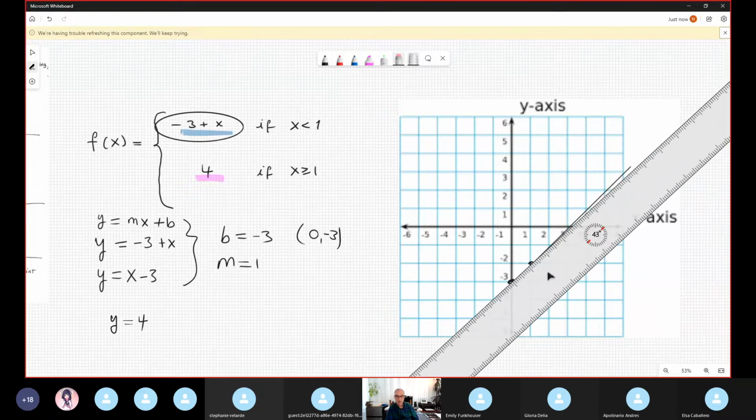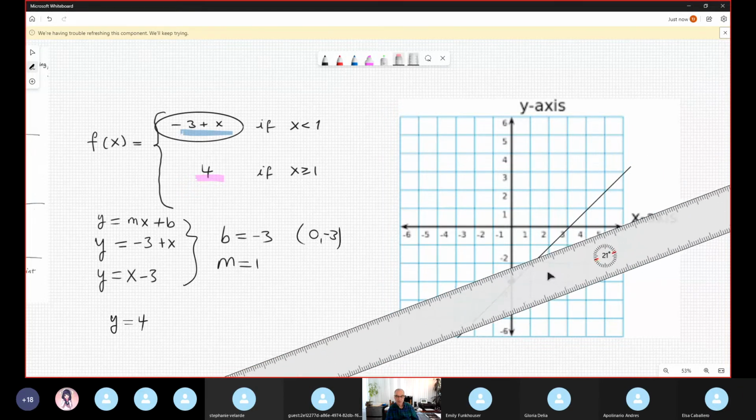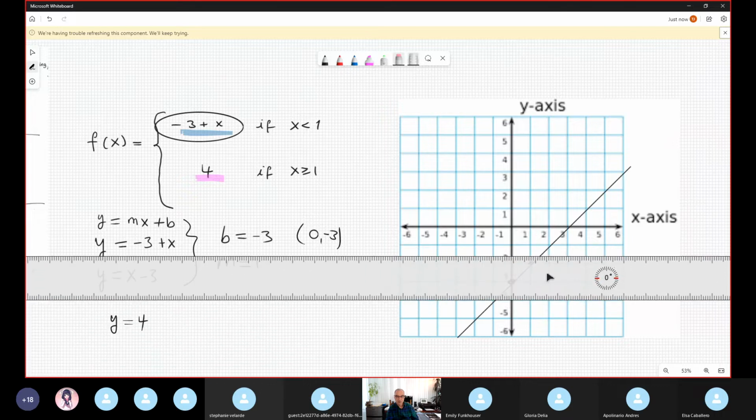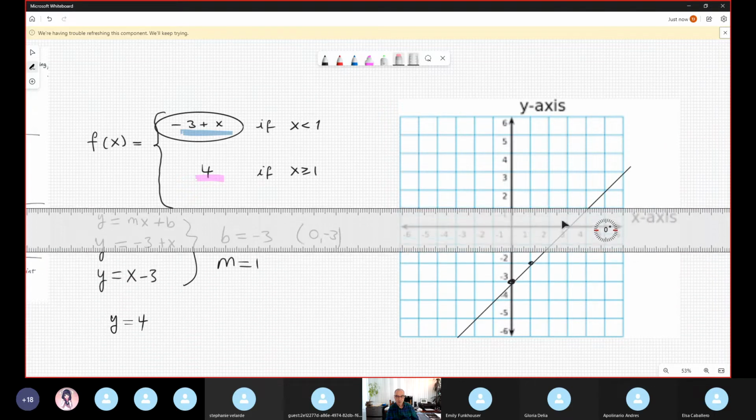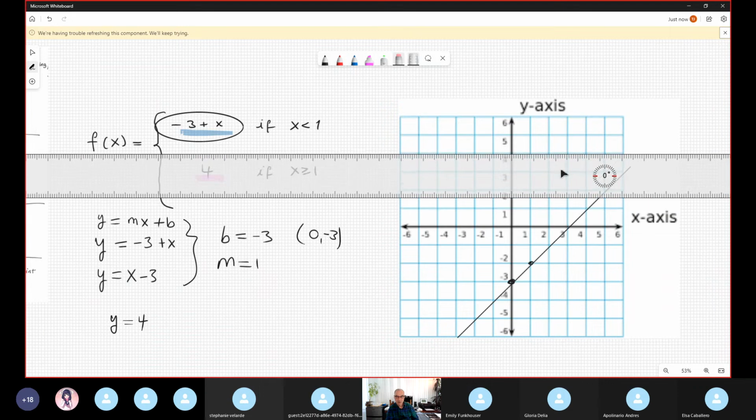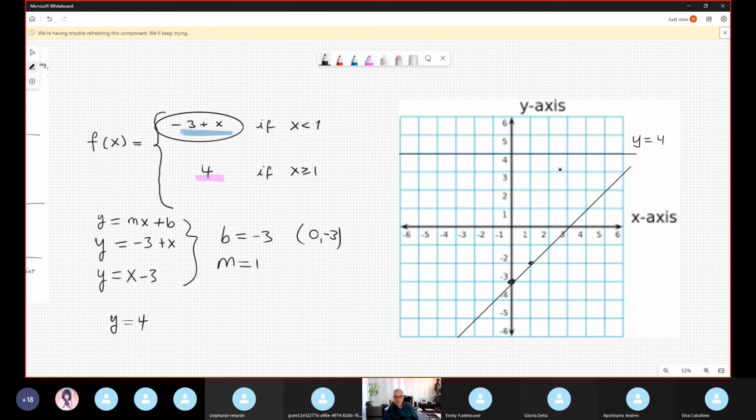Say horizontal, 0 degrees. And with my ruler, 1, 2, 3, and 4. This is 0 degrees. Okay. This is y equal 4. This is y equal minus 3 plus x.